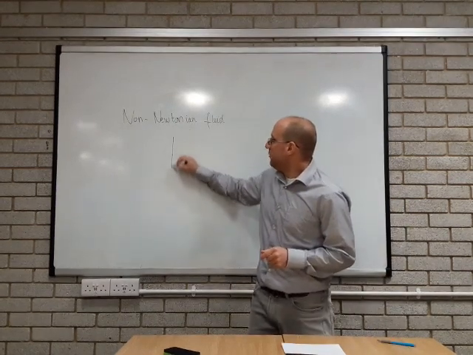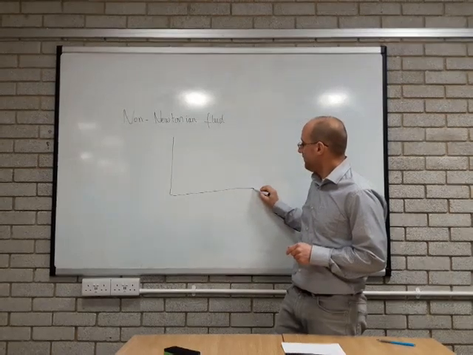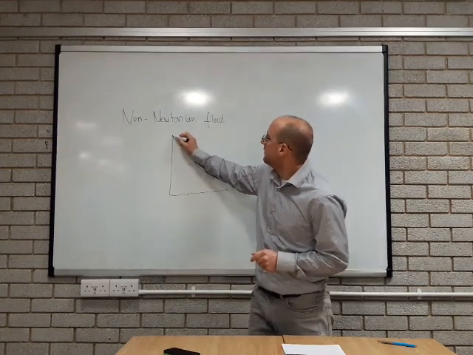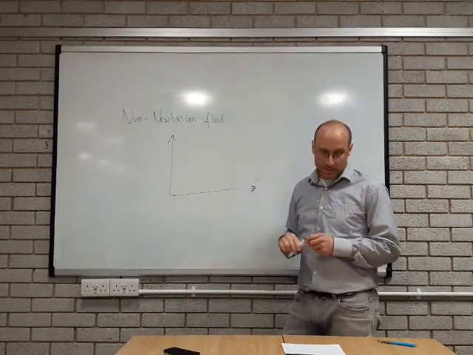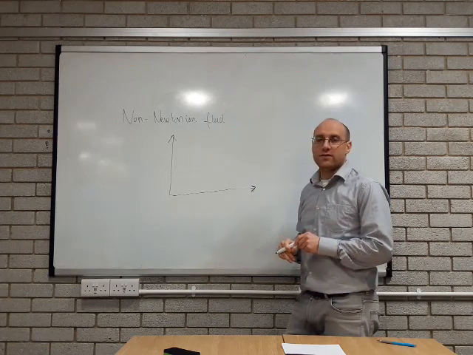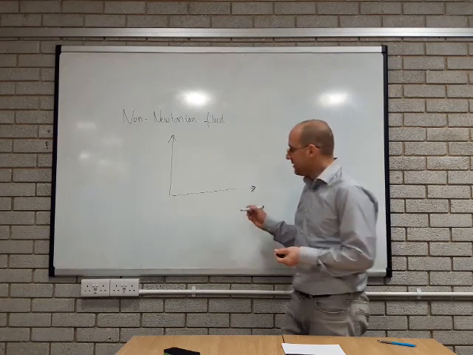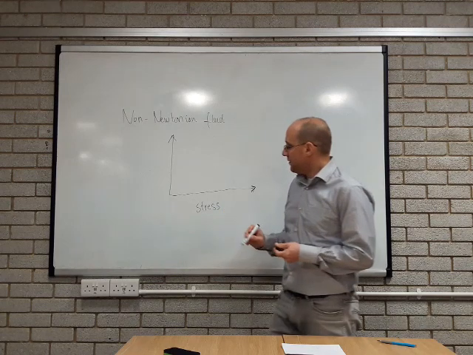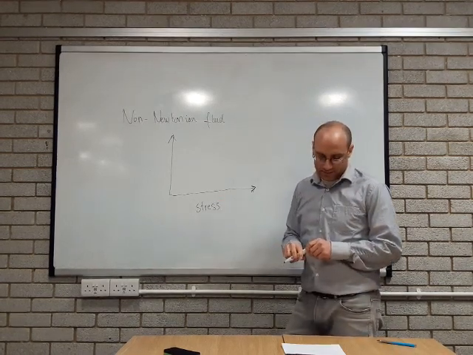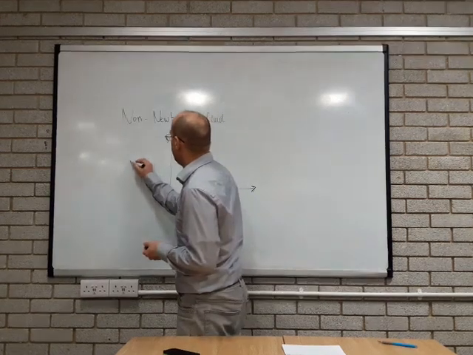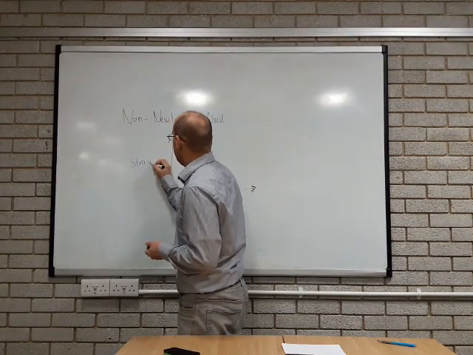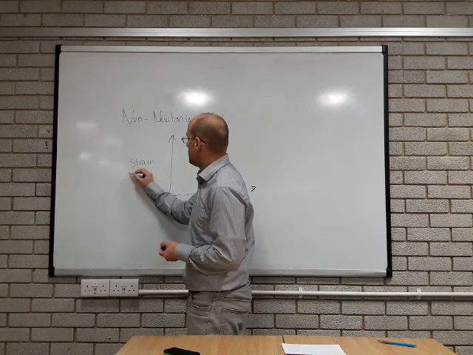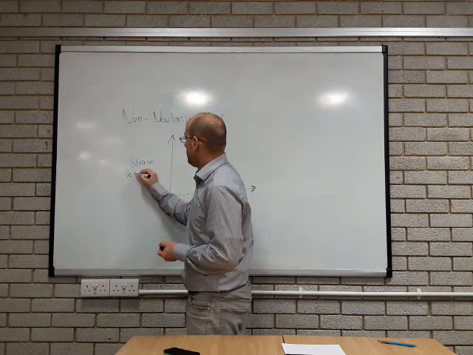If we think about a coordinate system, this chart, in this case I'm going to put on the horizontal axis at the bottom the stress rate, and I'm going to put the strain on the vertical axis, which also means strain velocity.